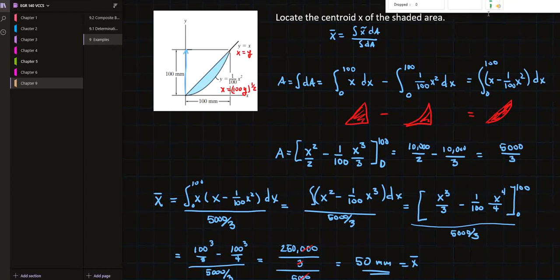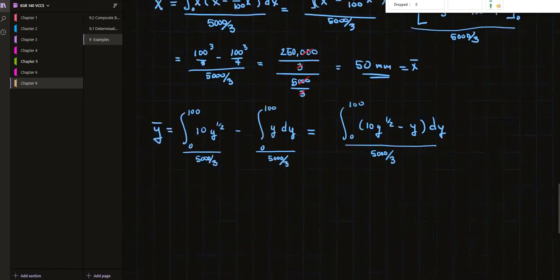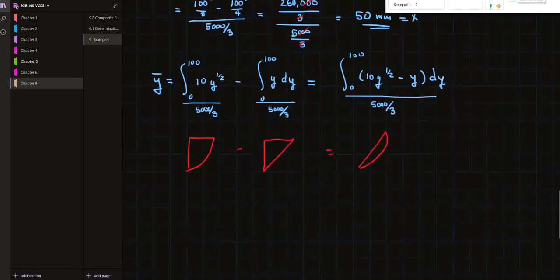So I suggest you calculate the area first and make sure it comes out to 5,000 over 3. So again, here we are setting this up. We've got this minus this is going to give us this. And that's actually for the area, but I'm going to multiply each of these by a y.